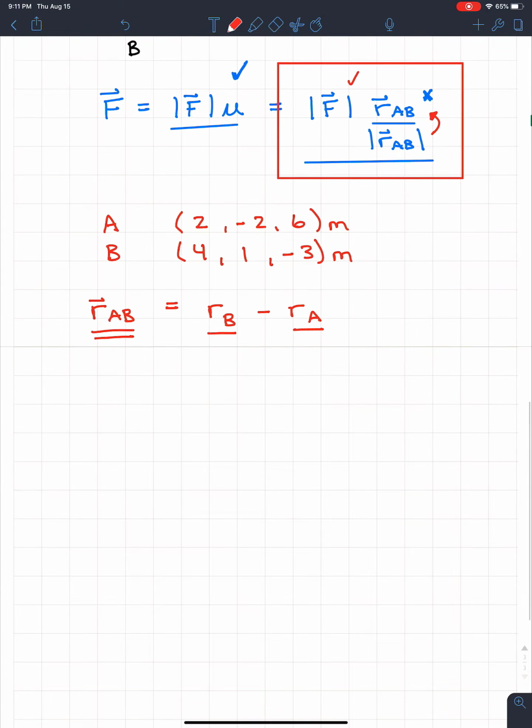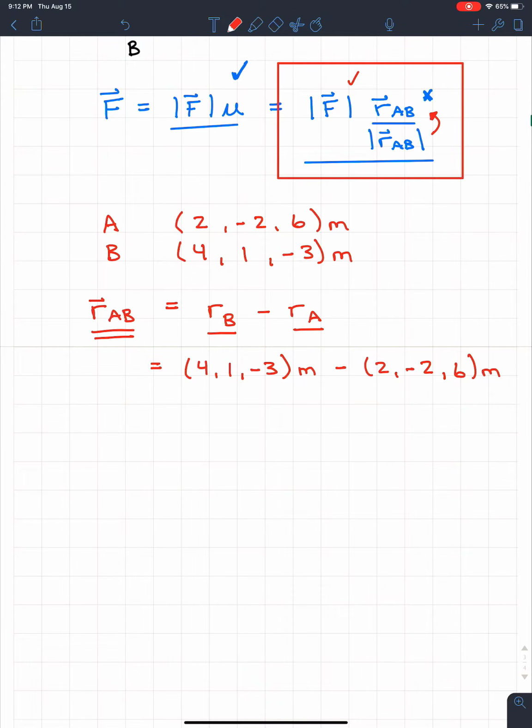So if these were our coordinate points, what we would have is 4, 1, -3, in meters, minus 2, -2, 6 meters.